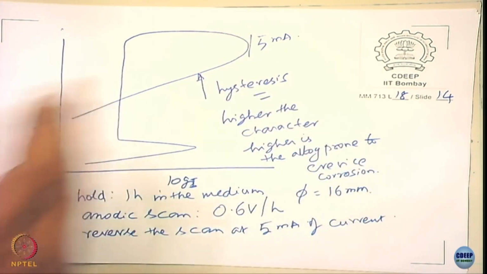You compare different alloys like alloy C276 or 304, and see how the newly developed alloy performs. 304 of course is not an alloy meant for crevice corrosion resistance. C276 is supposed to be one of the best alloys from the crevice corrosion resistance point of view.